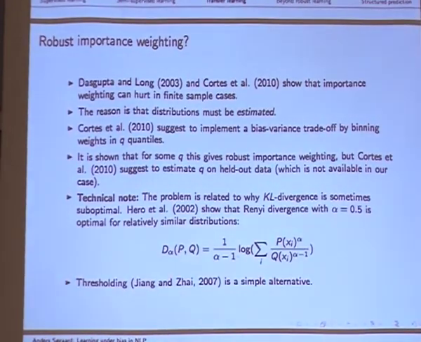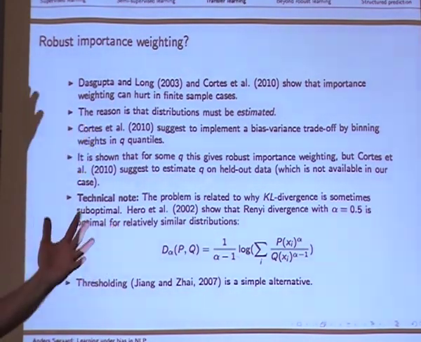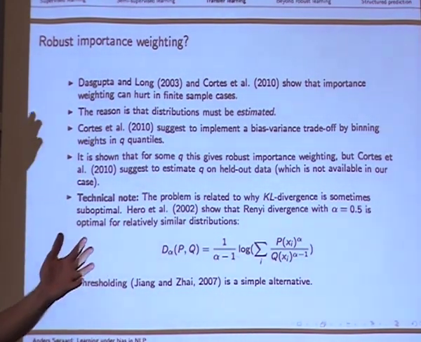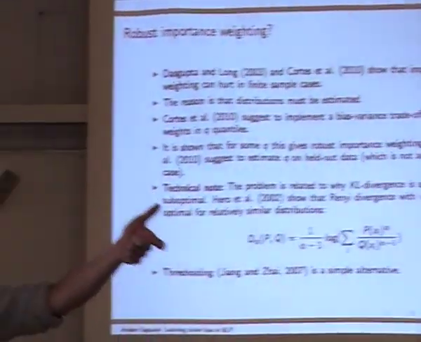Okay, as I said, there's this problem that importance weight functions can overfit the data. There are different proposals in the literature as to how to solve that problem. There's some nice work by Cortes, for example, where they talk about binning the weights in quantiles. So basically, you take all your weights, you rank them, you cut them up in equal-sized portions, and for every bin, you take the average weight in that bin.